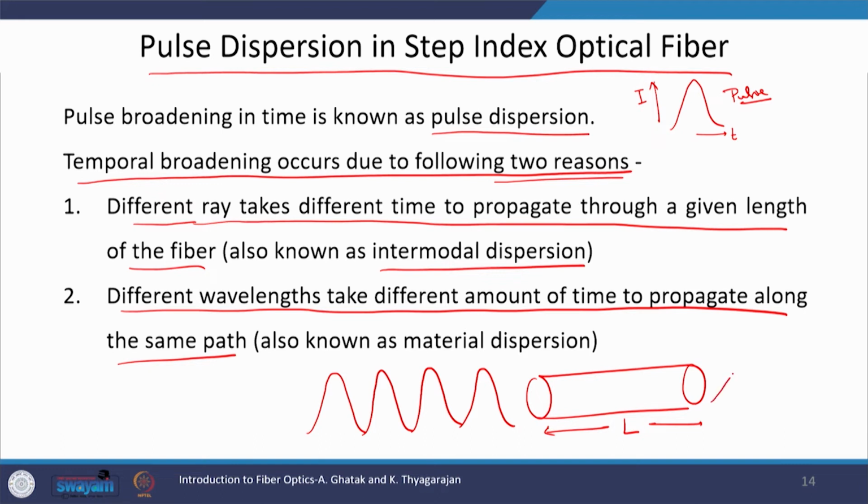At the output what we may see is this. Now, you see that all the pulses are merged together, and sometimes they are merged so badly that it is very difficult to distinguish them, to separate them out, and therefore, information is lost. Therefore, it is very important to know about pulse dispersion and also know about the ways to correct them.